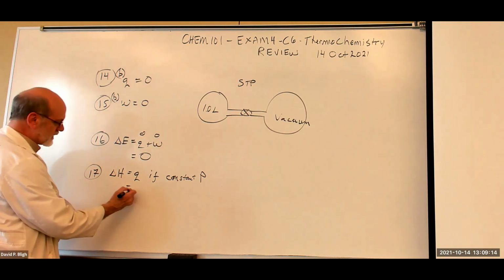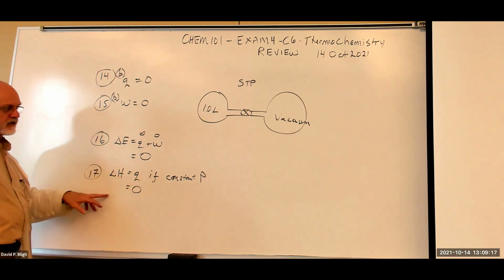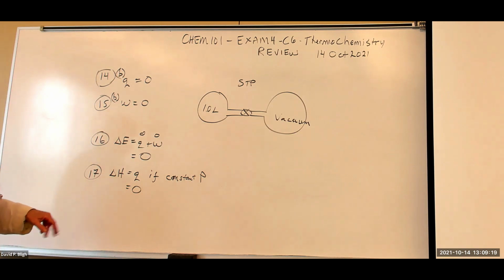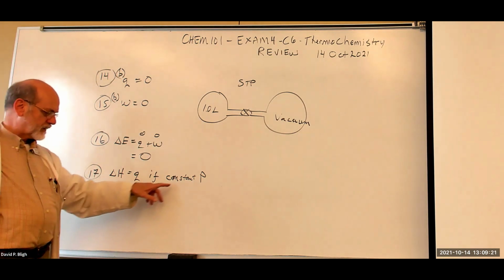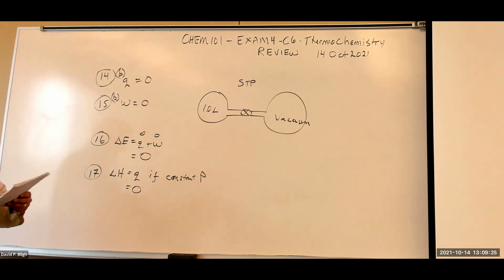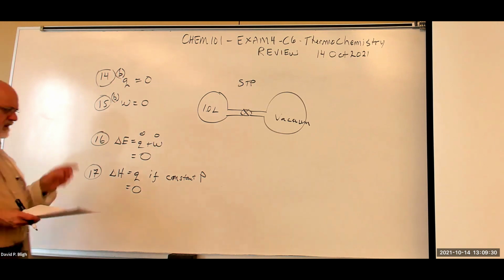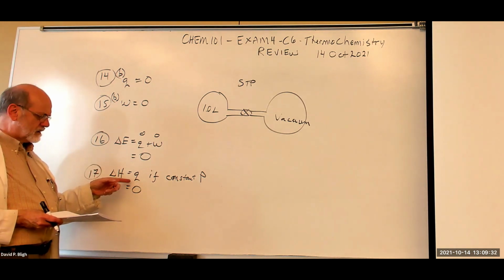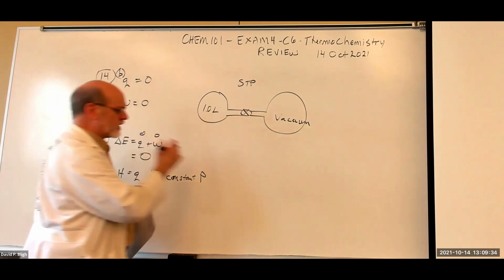I tend to want to say it's zero simply because it's a state function, and it's equal to Q if the pressure is constant. But that's kind of iffy. What would delta H be if, what was that formula?